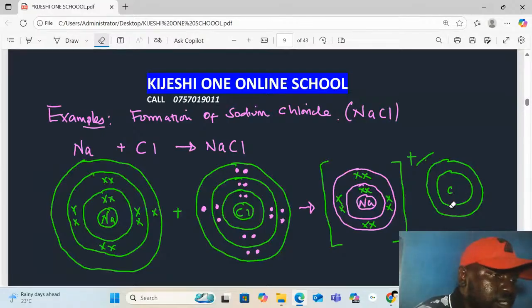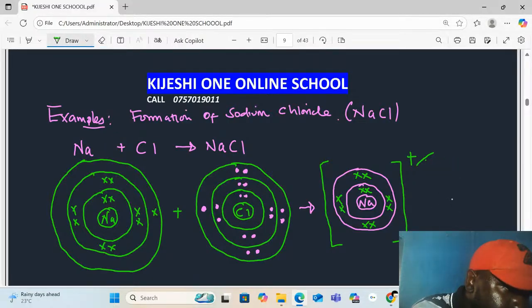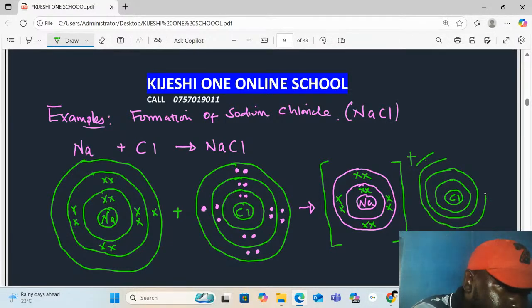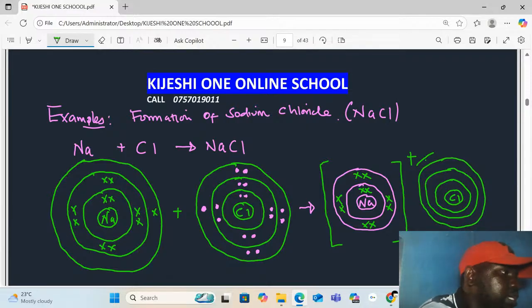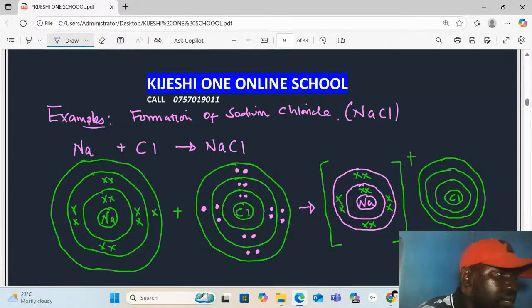Allow me to redraw it. I may not be accurate in my drawing, but the understanding and how the content is being put across is more important.